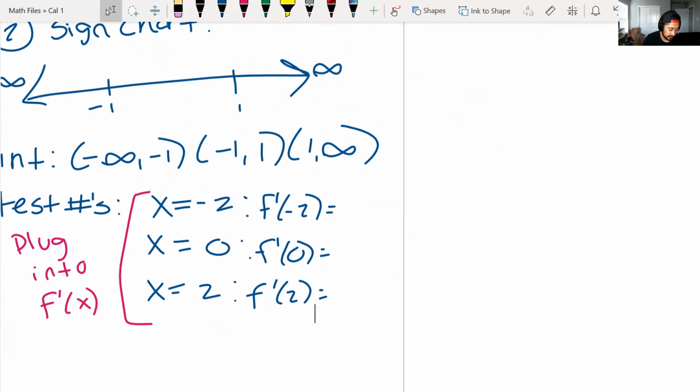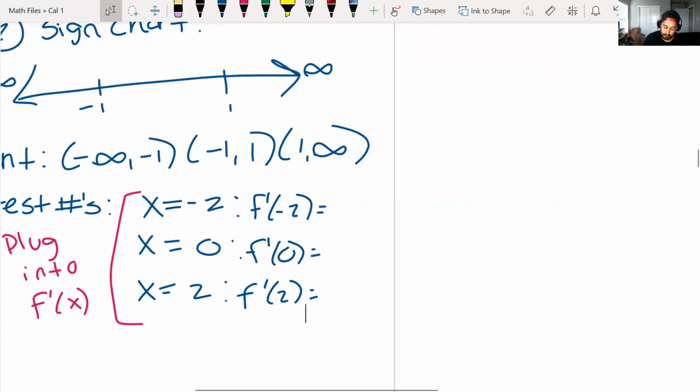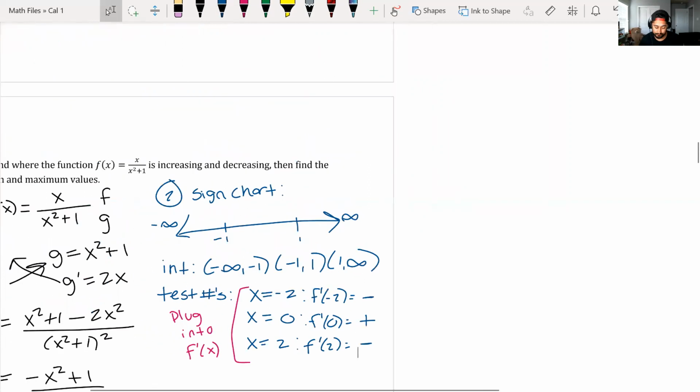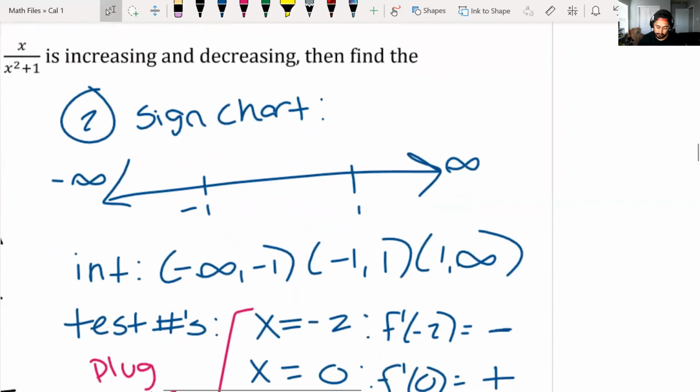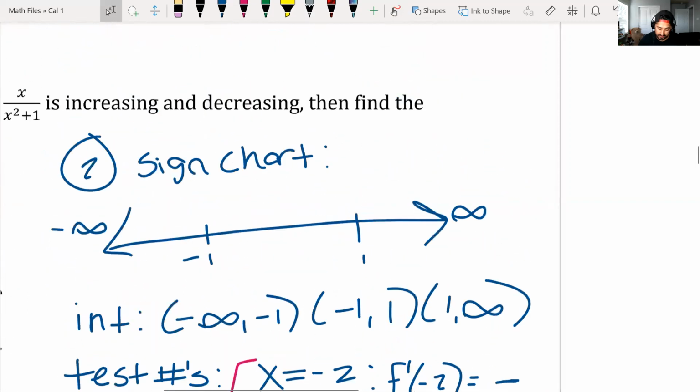When I type in negative 2, I get a negative output. Don't care, it's negative. I type in 0, I get a positive output. I type in 2, I get a negative output. See, told you, the number outputs don't matter, just the sign. So we're negative, positive, negative.